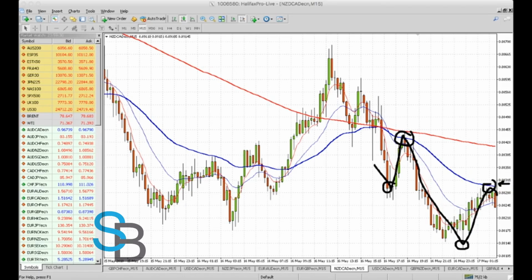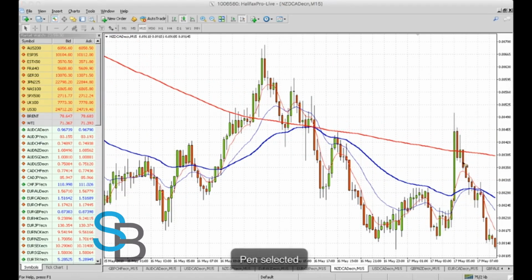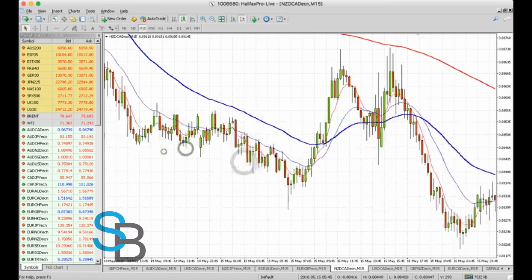So this is a valid trade, but this particular valid trade would have been a losing trade, because you would have entered here, gone down, not hit your profit target, and then gone up to hit your stop loss. And that's fine, because remember that in trading, not every valid trade is a winning trade. You have losing trades as well. That would have been a losing trade, but it would have been a valid trade.